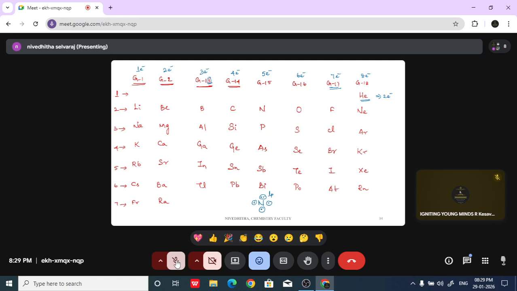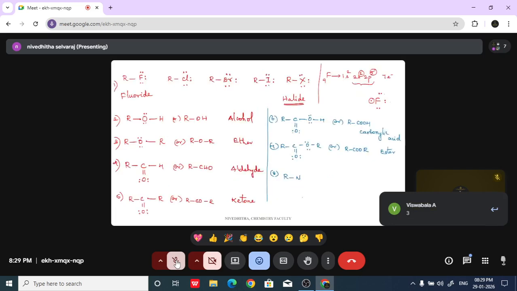Nitrogen combining capacity. What is the combining capacity of nitrogen? How many chemical bonds can this nitrogen atom form? Yes, it is 3 because nitrogen has 3 unpaired electrons. So this nitrogen has 1 lone pair and 3 bond pairs. One is with the R group. Here we have two more bond pairs, right?